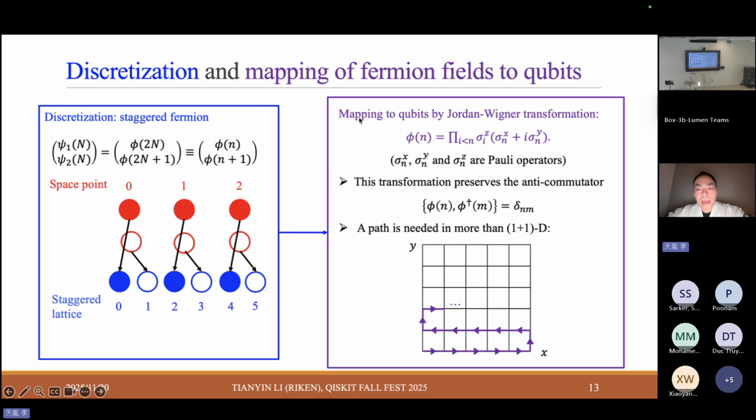And then we map the fermion fields to qubits by the Jordan-Wigner transformation. And we see that on the right-hand side of this equation, this is just some combination of the Pauli operators, which can be understood by the quantum computer.